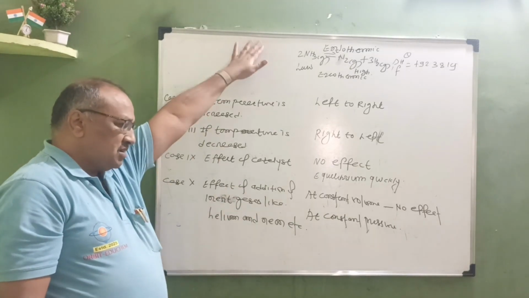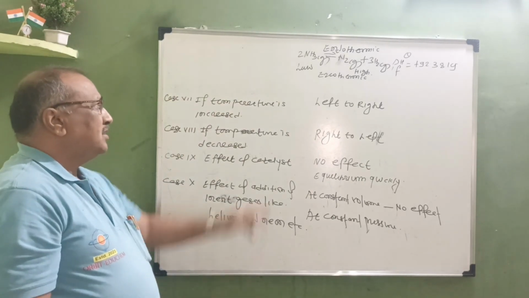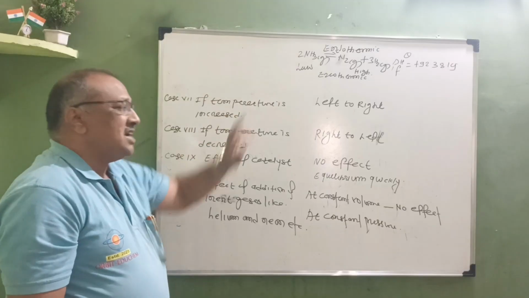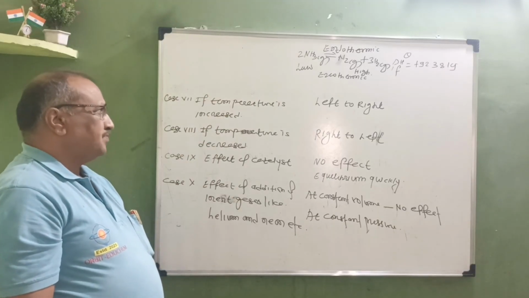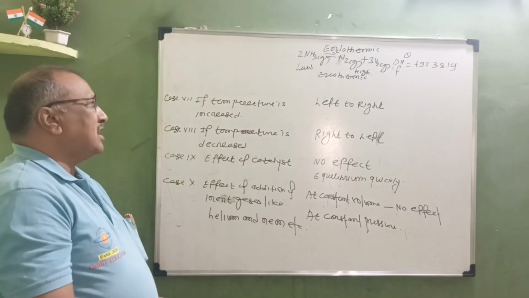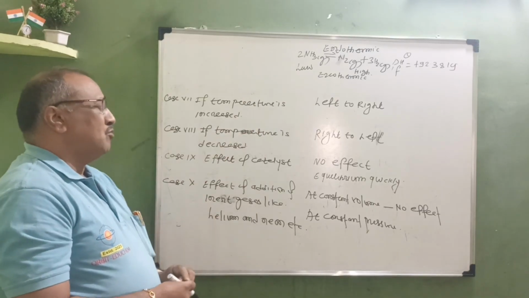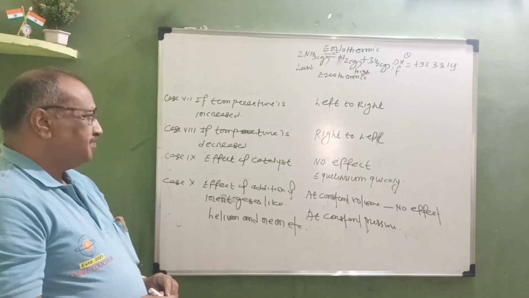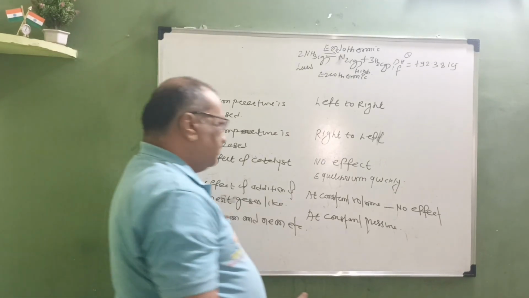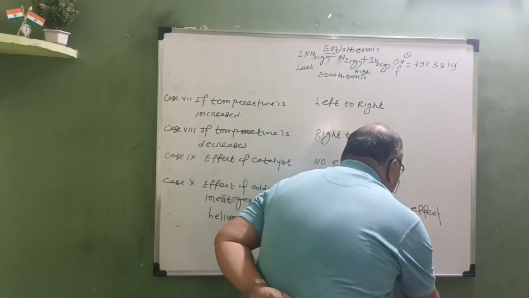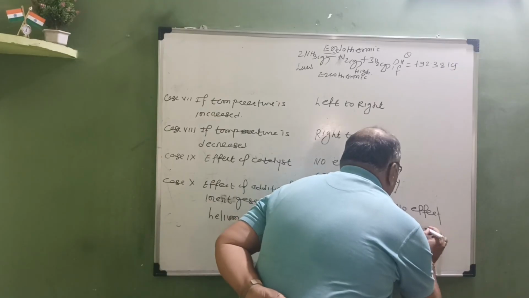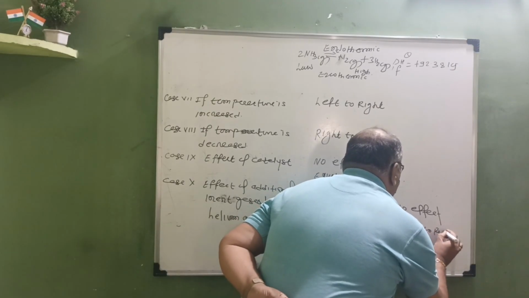Now let us observe the reaction here. Number of moles of gaseous reactant are 2 and that of gaseous product are 1 plus 3 is equal to 4. That means here at constant pressure the equilibrium of this reaction will shift from left to right.